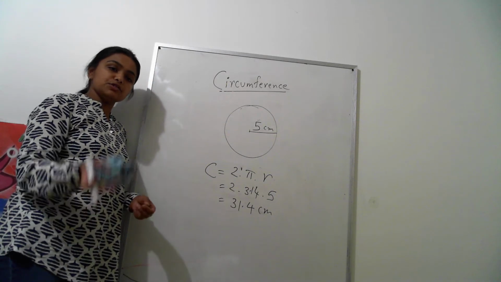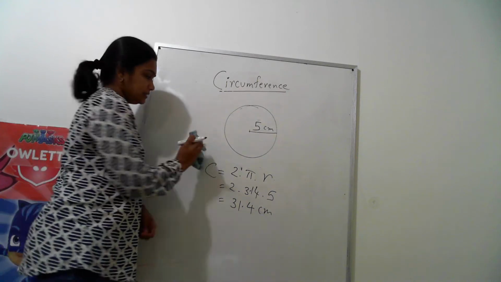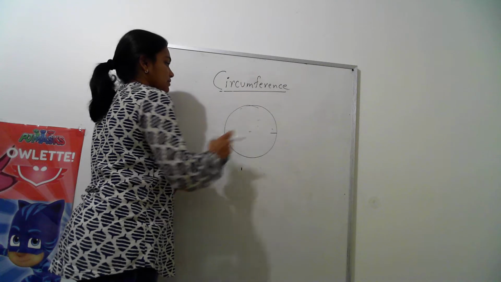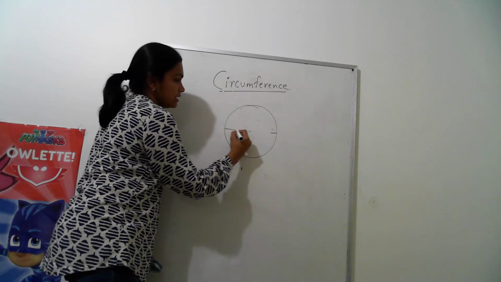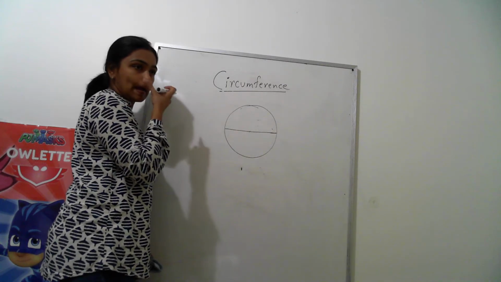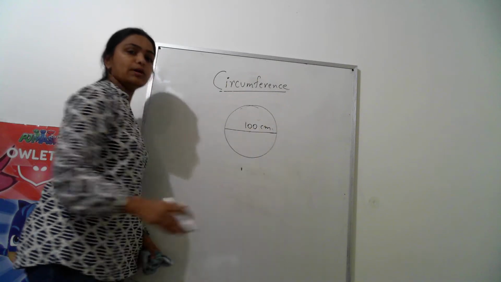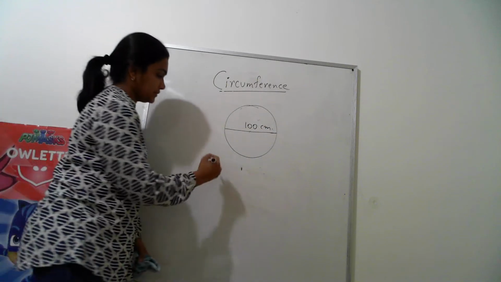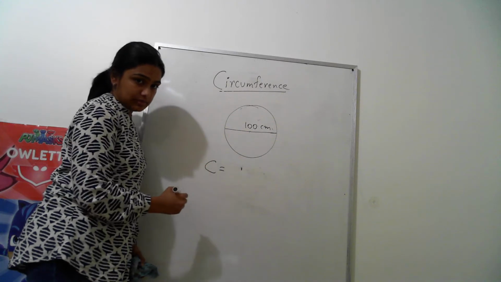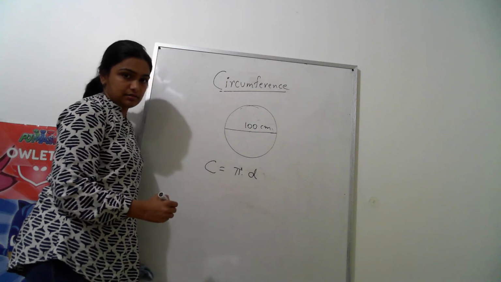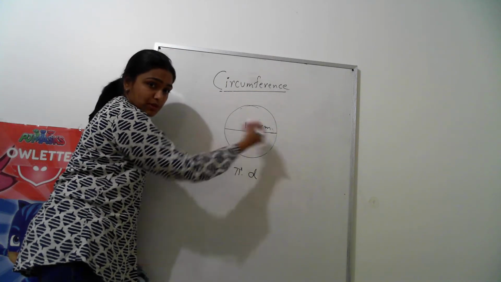Okay, now let's do one question where diameter is provided. Let's say the diameter given is 100 centimeter. So the circumference will be pi times diameter, because what is provided in the question?